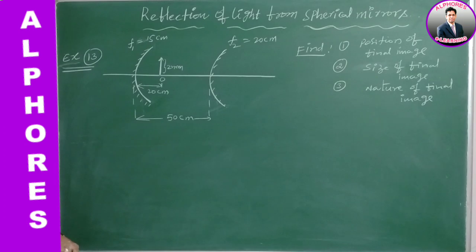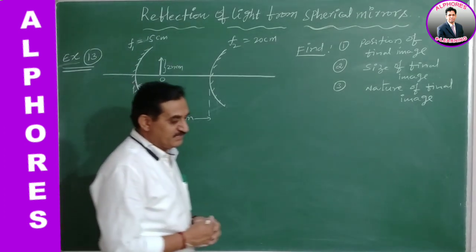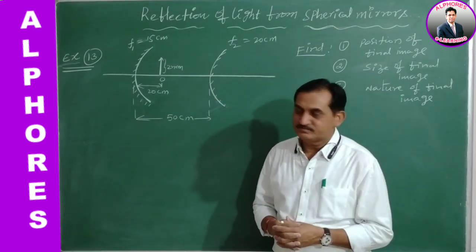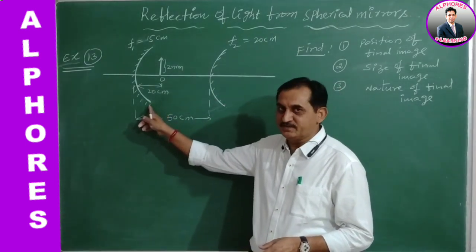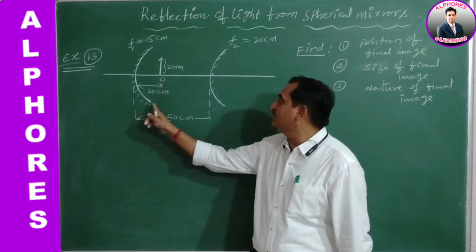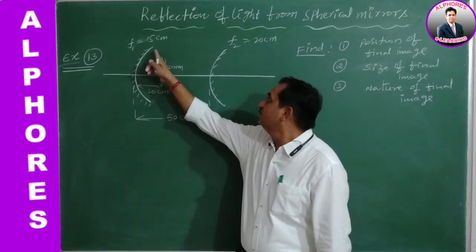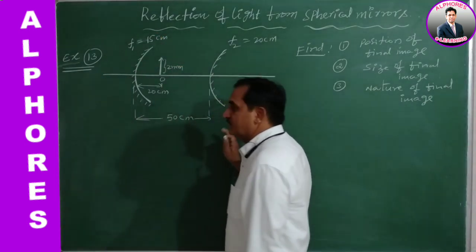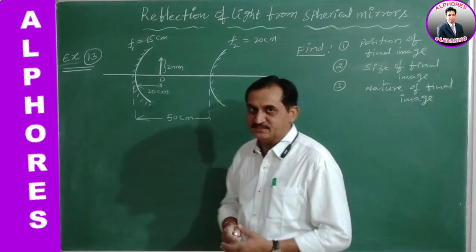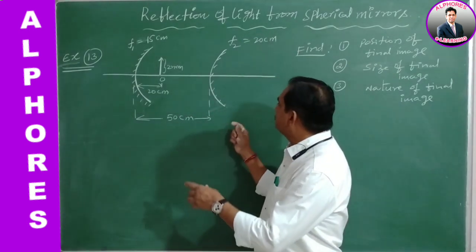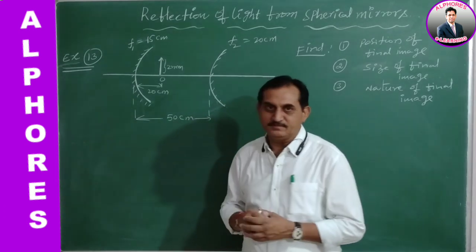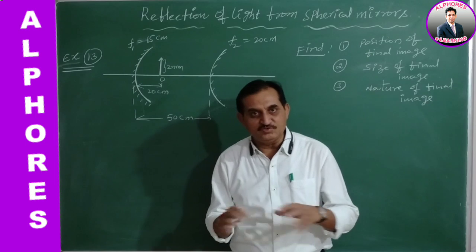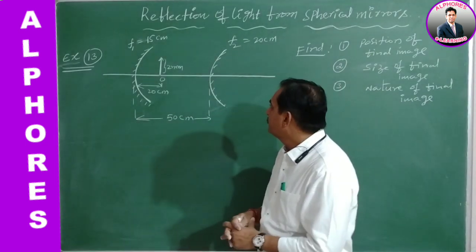In the 13th question, two spherical mirrors are given. One is convex, the other is concave. The concave spherical mirror has a focal length of 15 centimeters, and the convex spherical mirror has a focal length of 20 centimeters. They are kept at a separation of 50 centimeters, and their axes coincide coaxially.